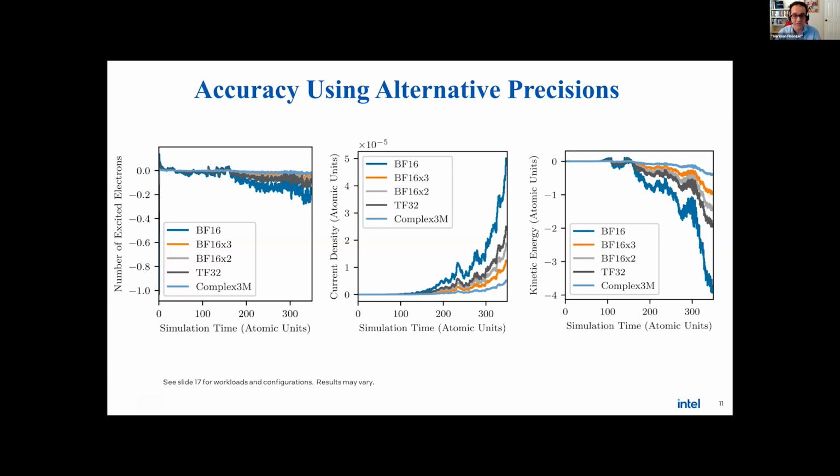And that's used to update the wave function and then proceed to the next series of QD steps. So we are essentially preventing a buildup of truncation errors and preventing the simulation from crashing. In that respect, that's one of the big reasons why this code is able to even run through the use of these alternative precisions.